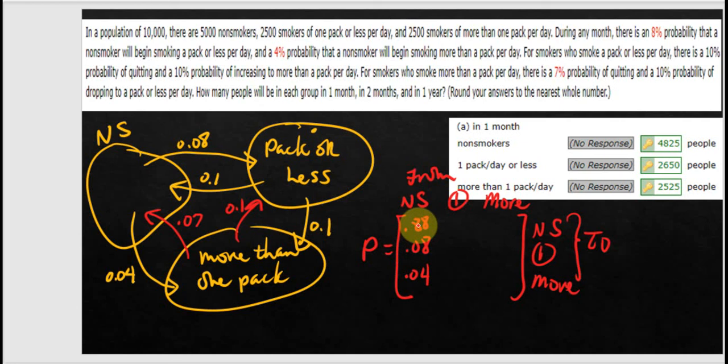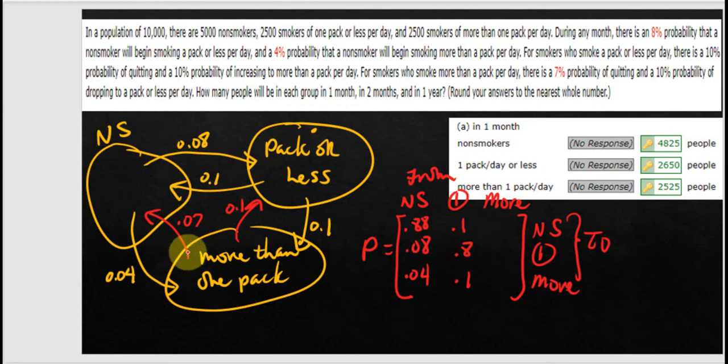Now let's go to the pack or less. When he goes to the non-smokers, that's 0.1. When the pack or less goes to more than one pack, that's 0.1. So this has to be 0.8.